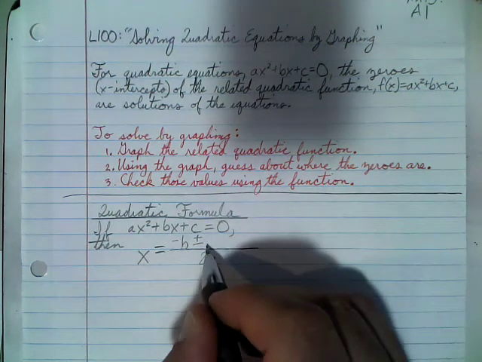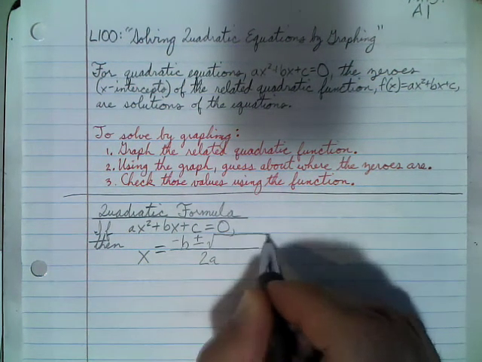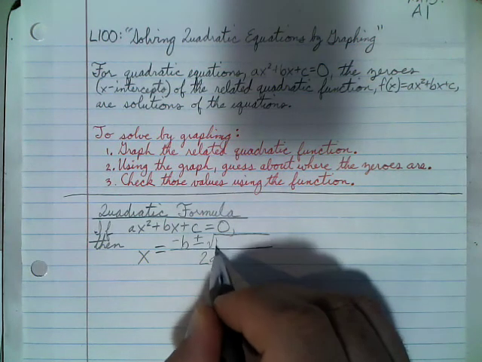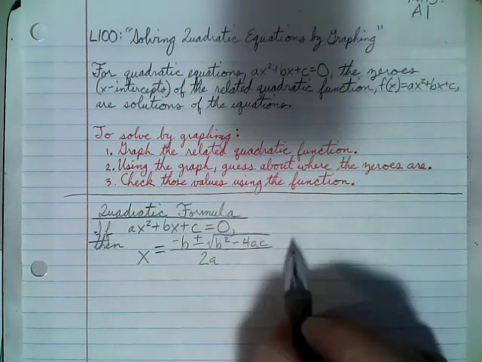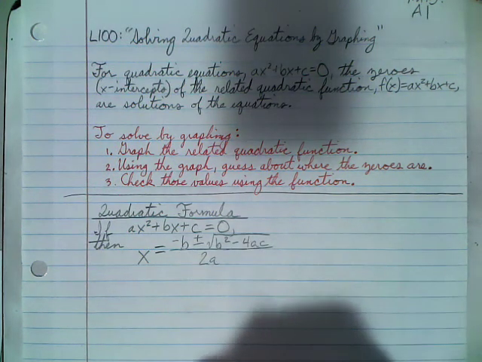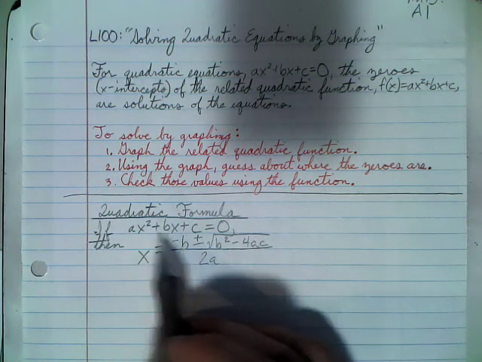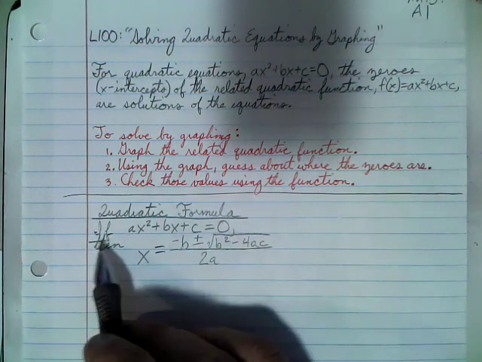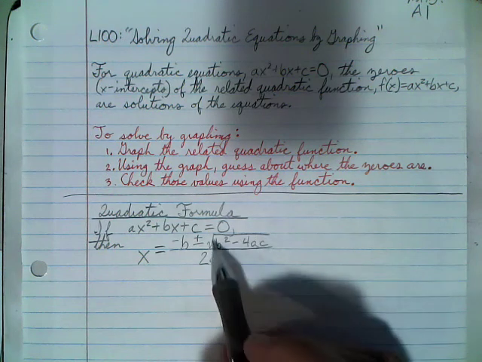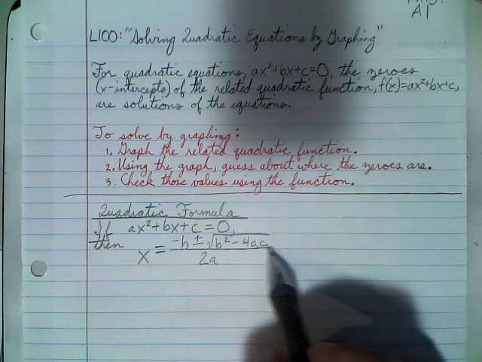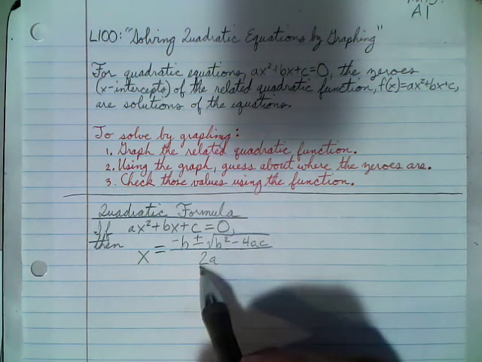And how far do we go? Well, the square root of b squared minus 4ac. And so the way we typically say this is that if ax squared plus bx plus c equals 0, then x equals a negative b plus or minus the square root of b squared minus 4ac all over 2a.